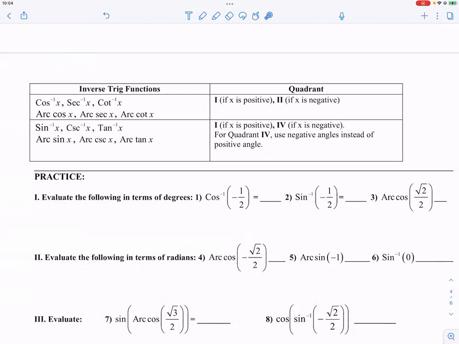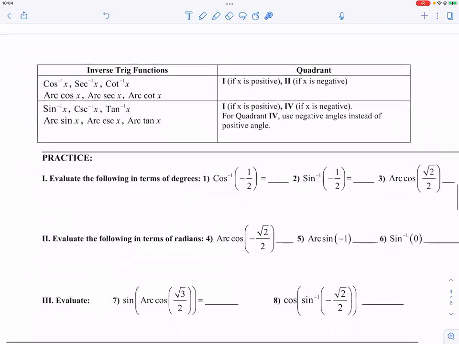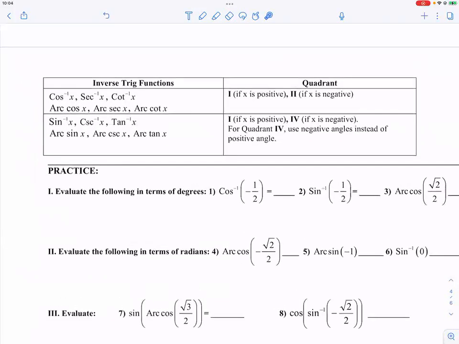Because if you look at the actual cosine graph, secant graph, cotangent graph, you will see that restricting to quadrant 1 and 2 will provide you this inverse, this one-to-one function.